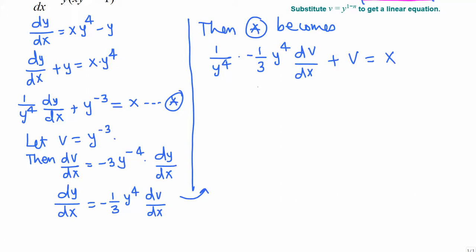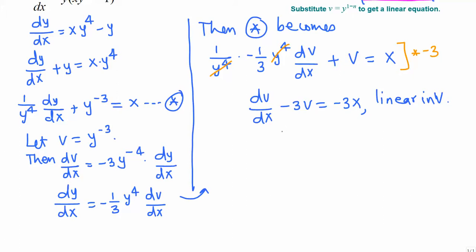Let's simplify. Y fourth cancels, and negative 1/3 dv over dx plus v equals x. Let's get rid of the negative 1/3 and leave just dv over dx. For that we multiply through by negative 3. So dv over dx minus 3v equals negative 3x, and this is a linear differential equation in v with respect to x.